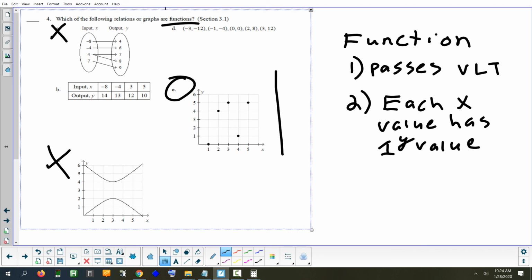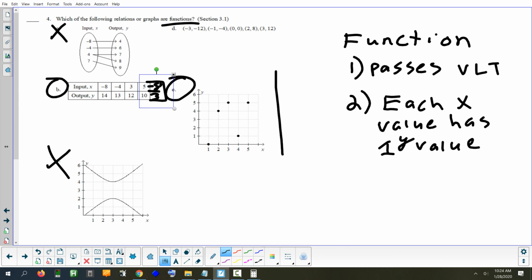So each x value only goes to 1 y value. That one is okay. Here's something that would not be okay: if you put -8, 3. Now you're saying -8 goes to 14 and -8 goes to 3. No. Now you've made -8 go to 2 different spots. That would be no good.